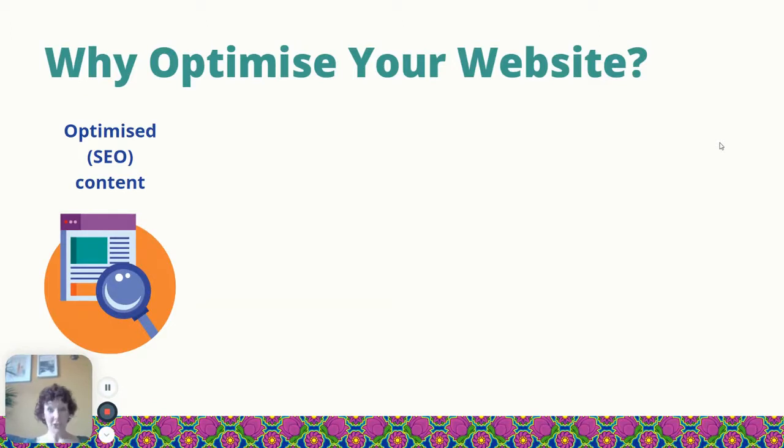Keywords are search terms that people are typing into Google and other search engines. And the whole point of creating this optimized content is to get you on page 1, ideally, of Google when people type in keywords that are related to your plant society.